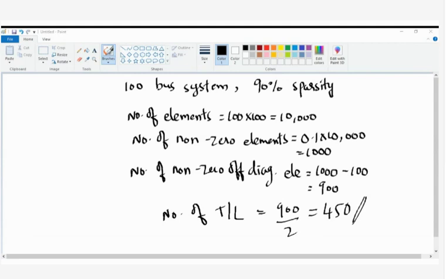Is that clear, or is there some problem? Did everybody else get it? So yes, the correct answer is 450.